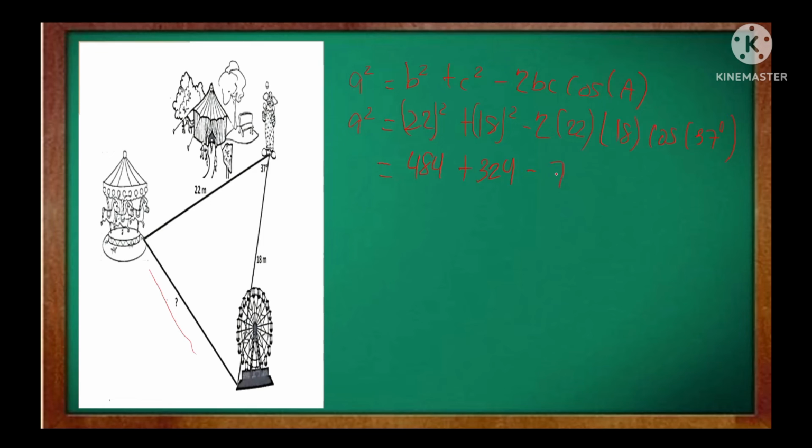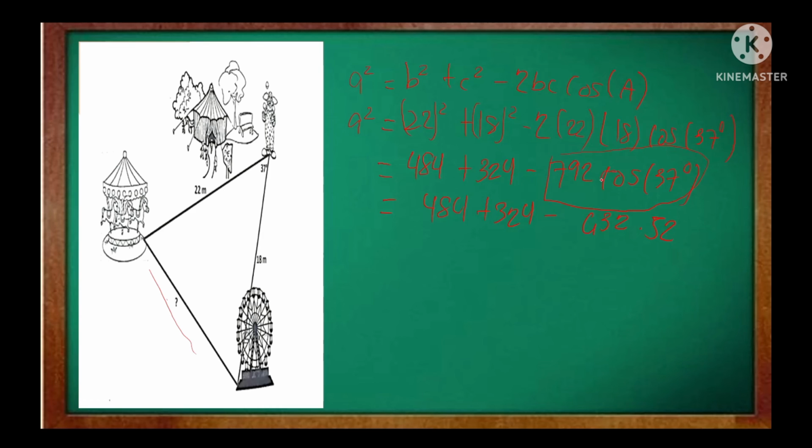So let's just copy cosine 37 degrees and continue the computation. 484 plus 324 minus 632.52, which is the value of 792 cosine 37 degrees.